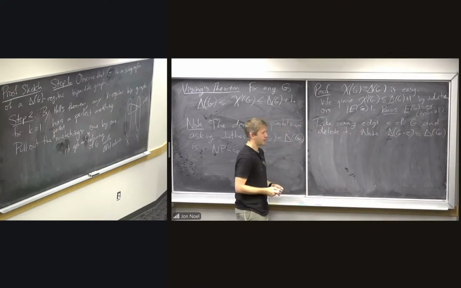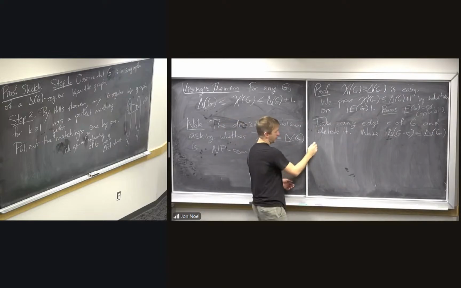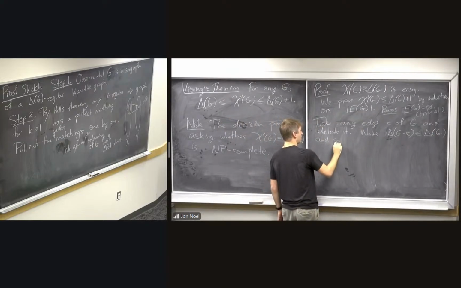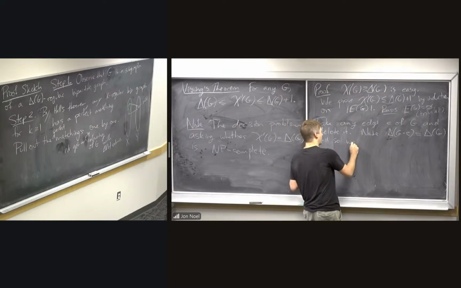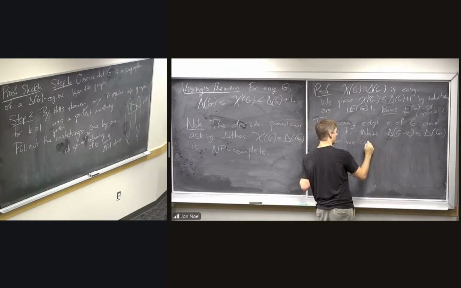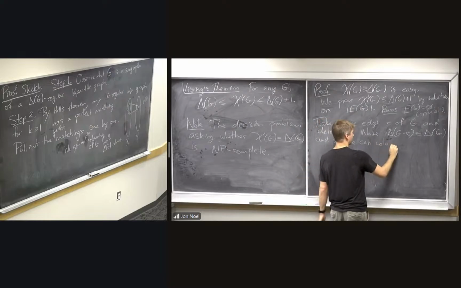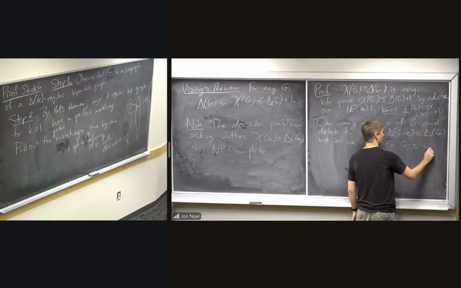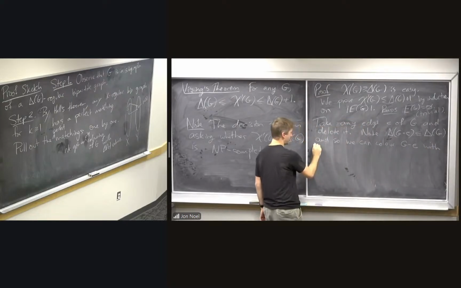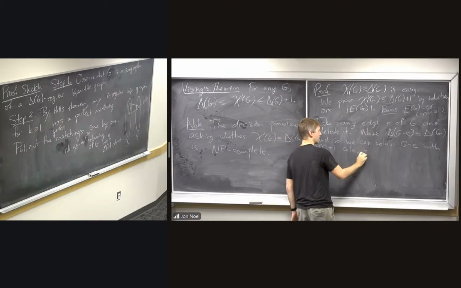And so the new graph can be colored with delta of G plus 1 colors. So we can color G minus E, I mean color the edges of it, with delta of G plus 1 colors by induction.